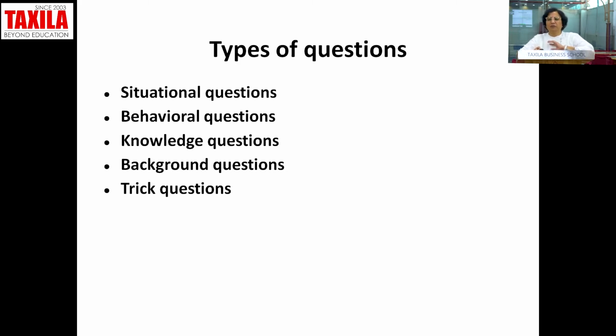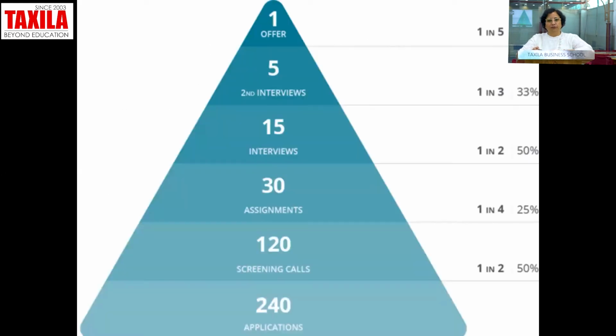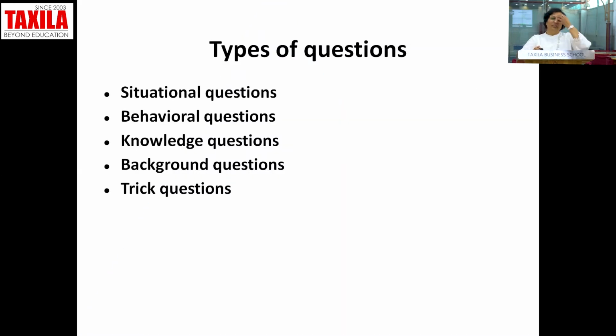Then tricky questions, these can be any kind of questions. These can be used to create stress. These can also be used to make you confused, right? So these types of questions are a part of the employment interview. And what kind of common interviewing mistakes do people make?